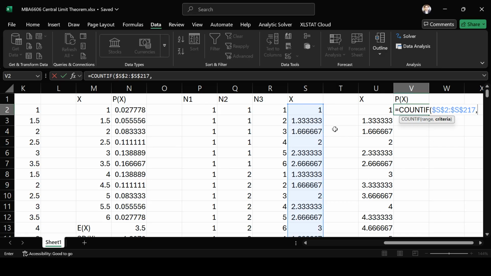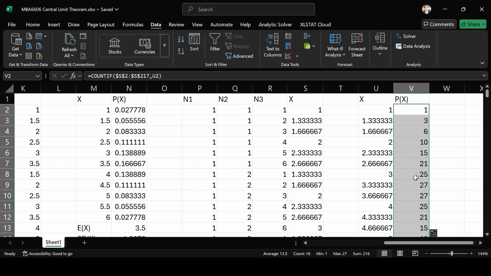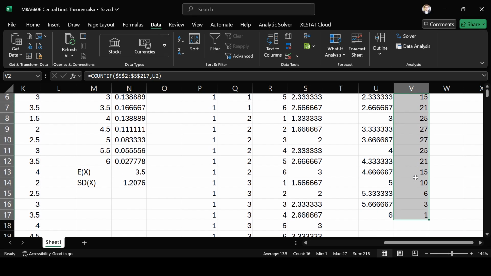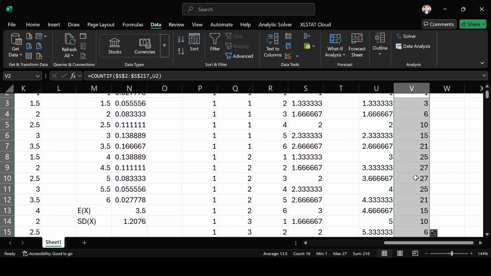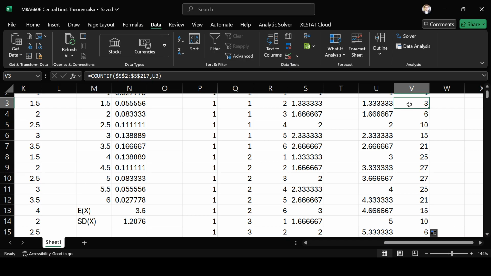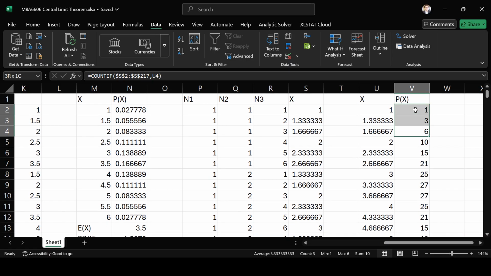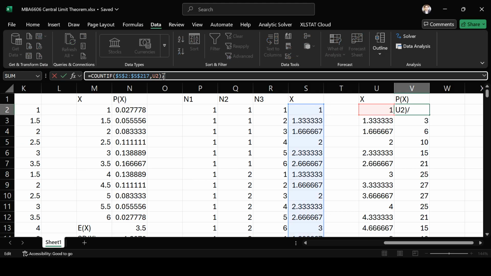And the criteria is whether it is 1 or not. And we see the occurrences for each of these. Let us divide by 216 to arrive at the probability.